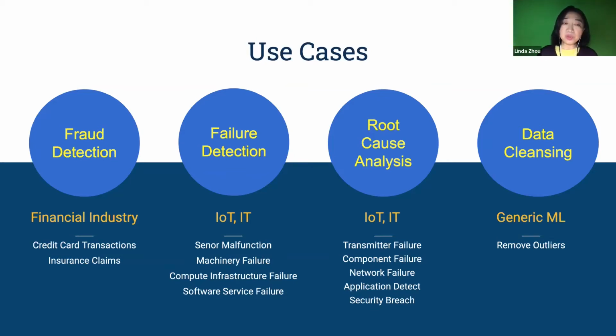And then the other one is more about in the middle, we're talking about the failure detection. So mostly I have seen it in IoT or in IT, like if you deploy the services or your application. So for sensor, you want to know if the sensor is not working. The sensor can be the temperature, can be the moisture.